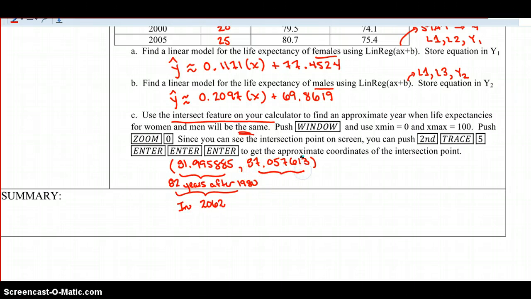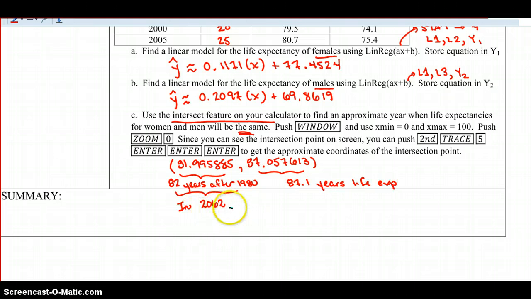And then the output was the life expectancy in years. So if we round this off to about the 10th place, we get about 87.1 years for life expectancy.